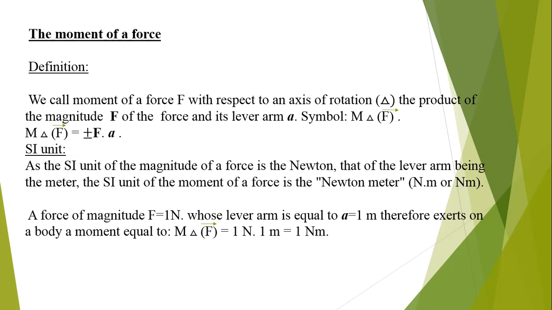The symbol of the moment of a force is denoted by capital M with respect to axis delta, and M is equal to the product of the magnitude of the force and the distance A. This equation shows that the moment of the force can be positive or negative, so it has a sign.